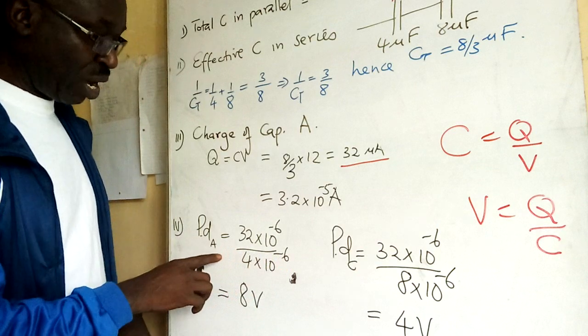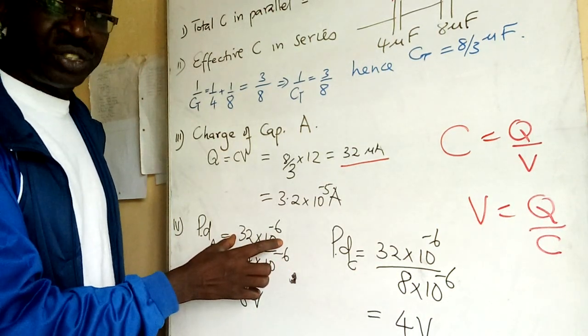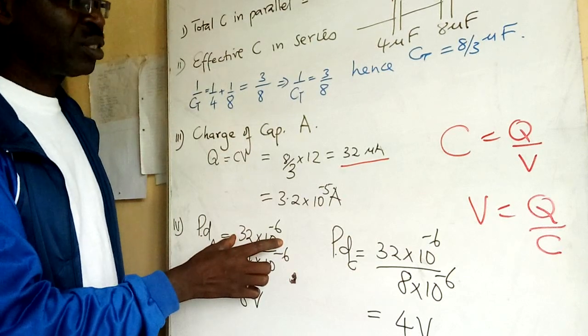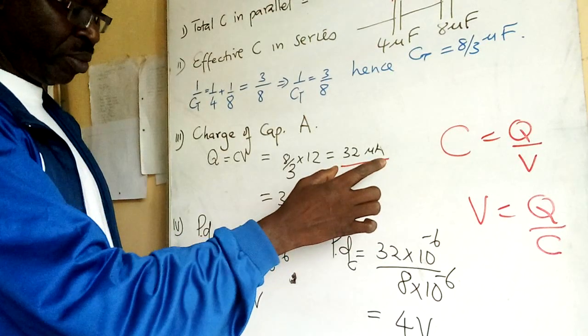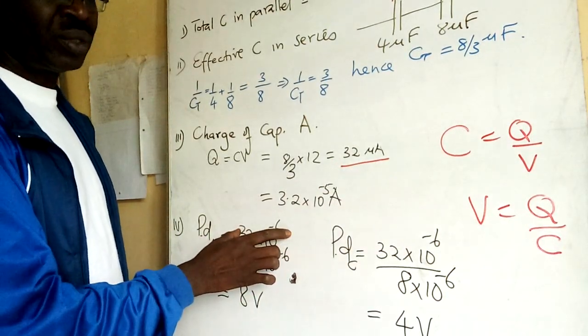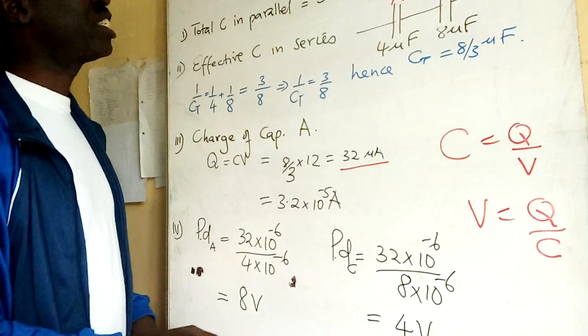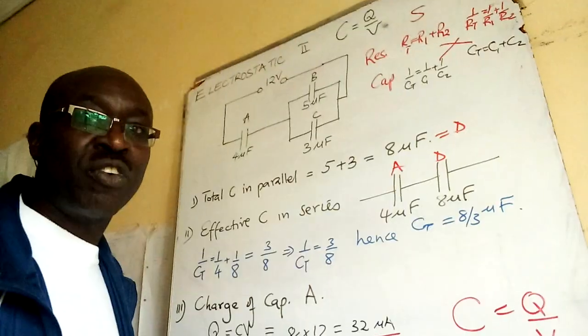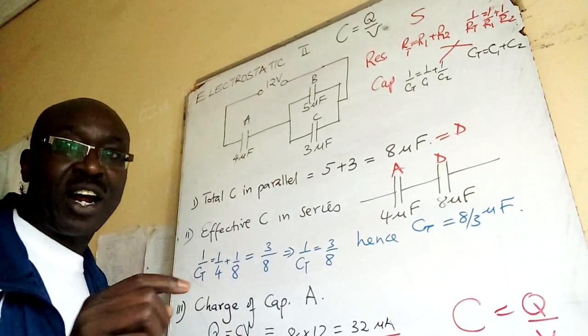Now you come here. We know the charge: 32 microcoulombs. Then we divide by the capacitance. We are talking of A. Capacitance is 4 microfarad.